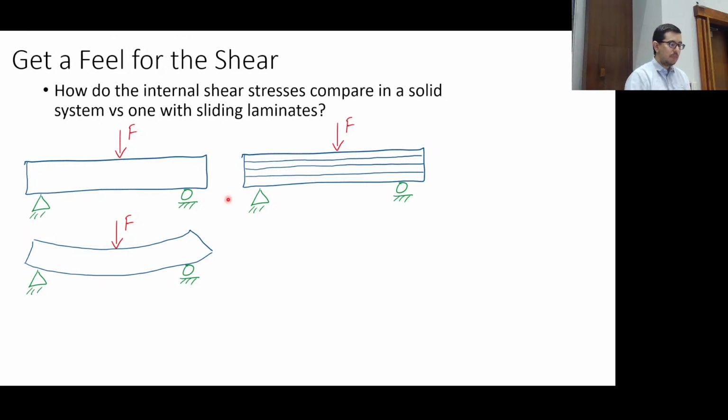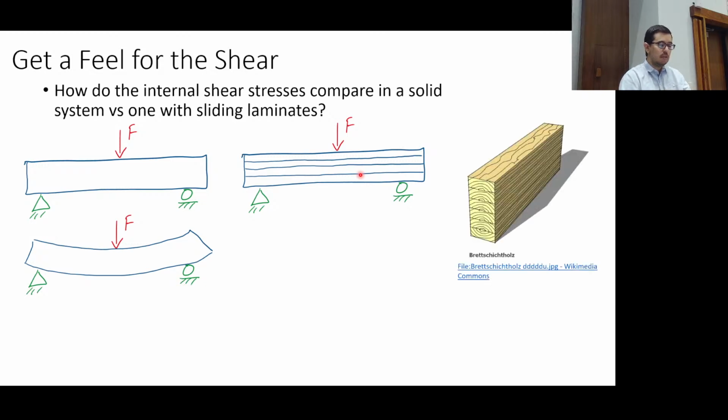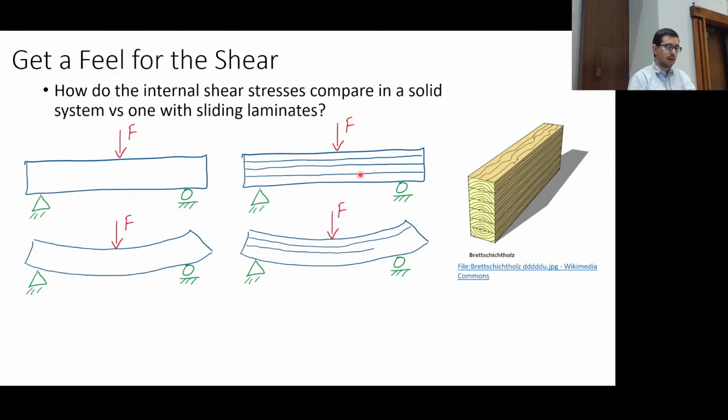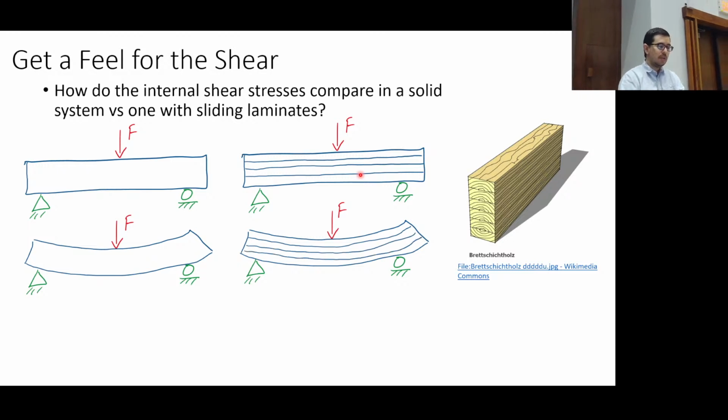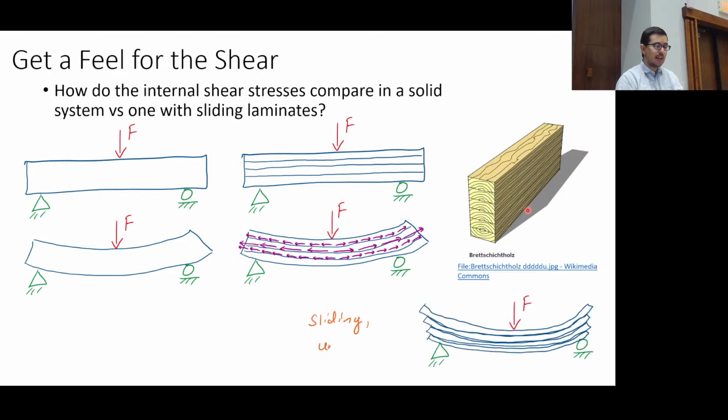What is going to happen with the relative motion of these pieces of laminates? Well, you can kind of get an idea that things are going to slide a little bit. So it's going to look something like this, it's going to slide kind of like this.